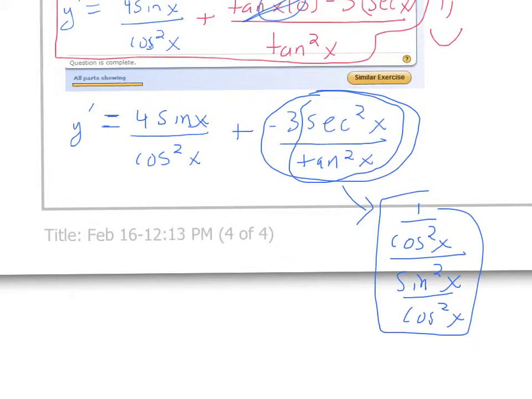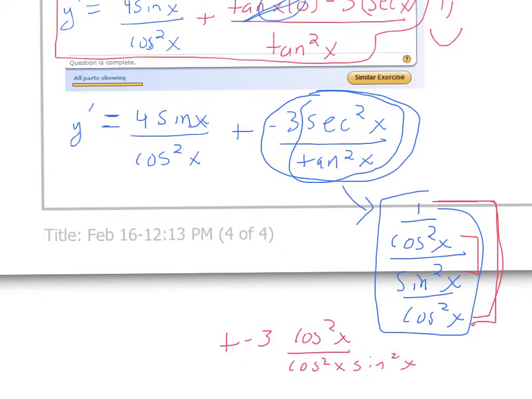So that whole quantity here could be seen as a complex fraction and manipulated. So, in fact, I'll do that in another color. When you have a complex fraction like that, then you can do the outer product over the inner product. So you're basically going to arrive at negative 3 and then the outer product, cos squared x, over the inner product, which is cos squared x, sine squared x. Aha, but those cancel.